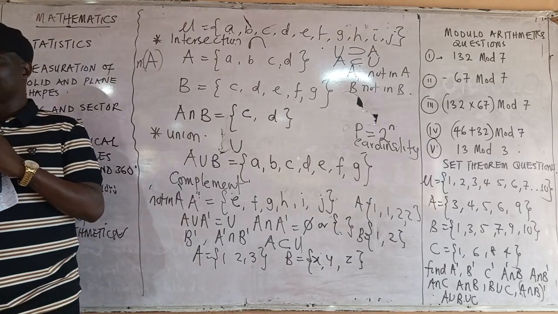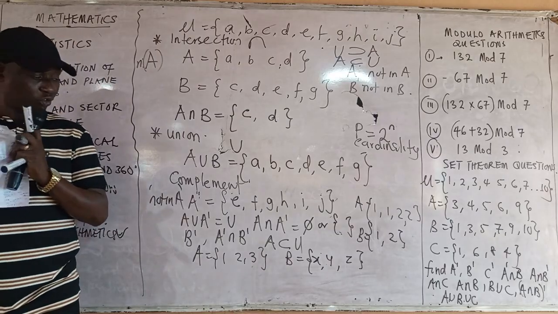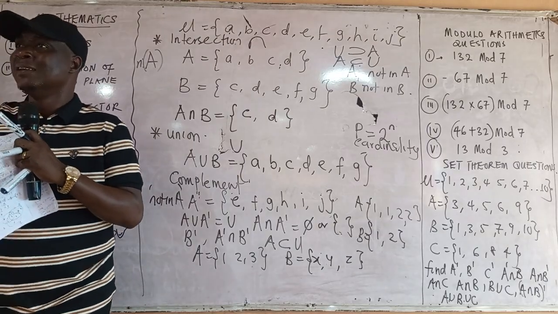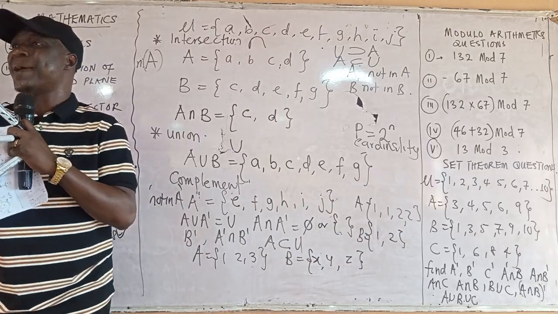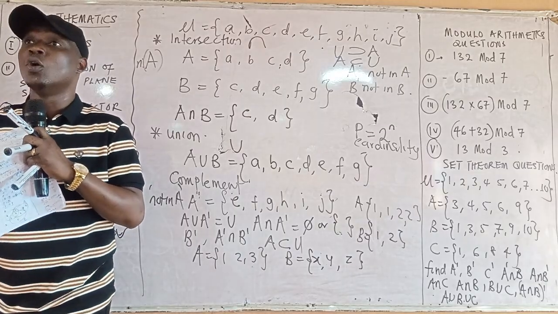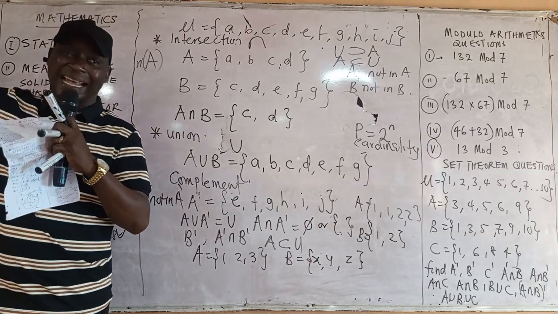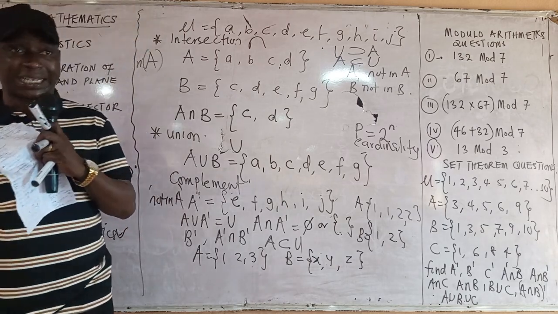Now X is 1, Y is 1, 2, and Z is 3. That means you are comparing them. That means direct comparison. You are equating what is in one set to be the same with the other set.